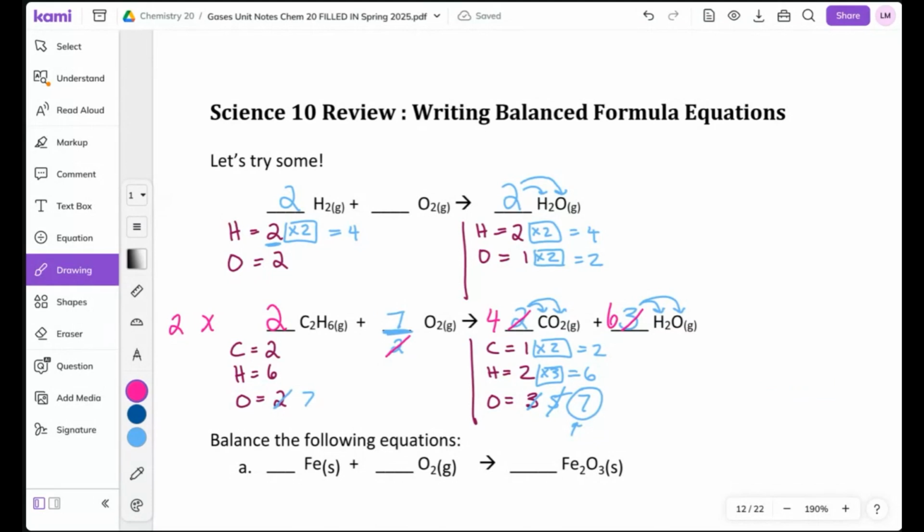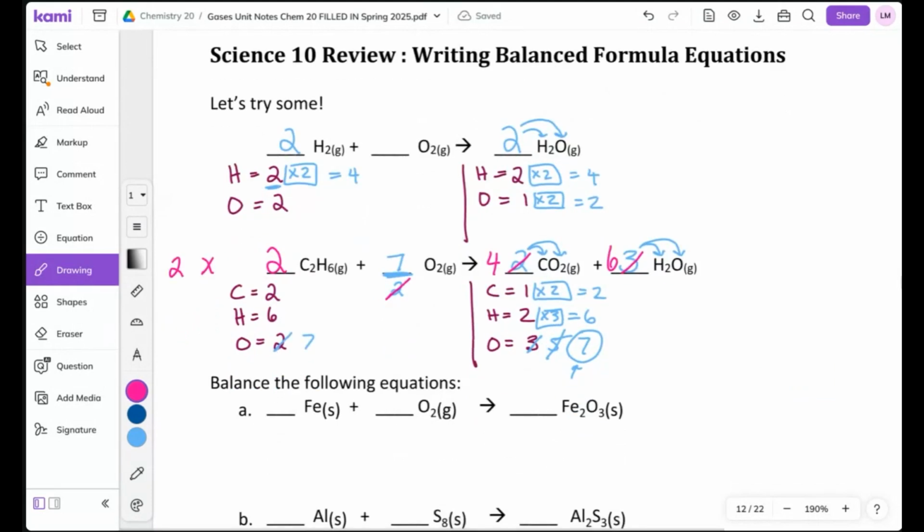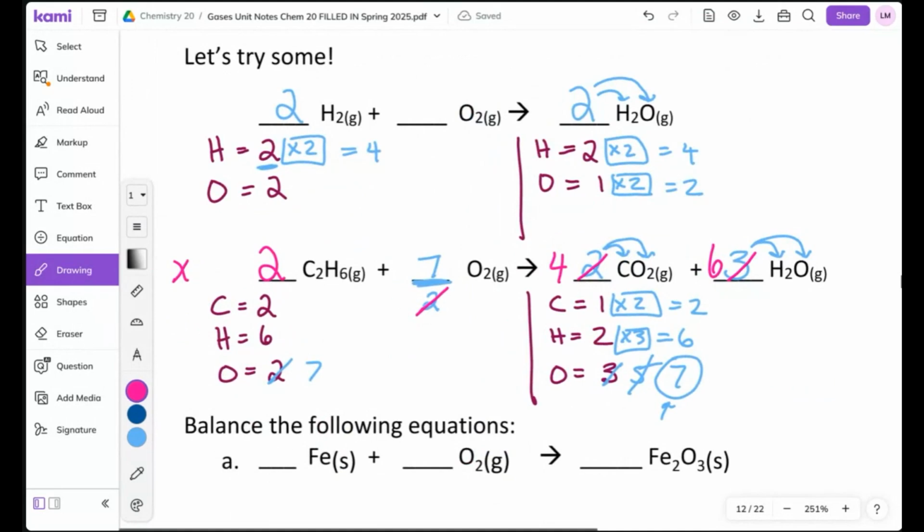So this last example isn't exactly the prettiest, but since I don't have a whole lot of room to write this equation over again so that it's a bit neater, I kind of got to leave it like this. But our coefficients are 2 C2H6, 7 O2, 4 carbon dioxides, and 6 water vapors.